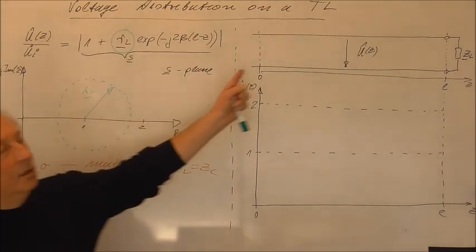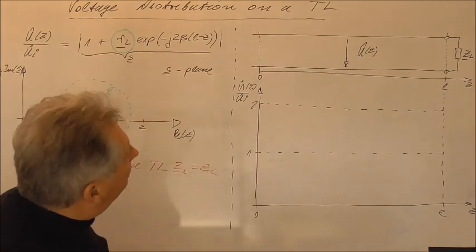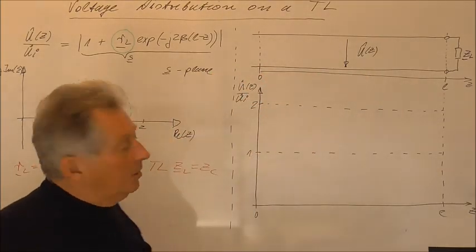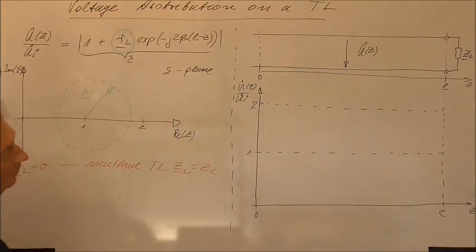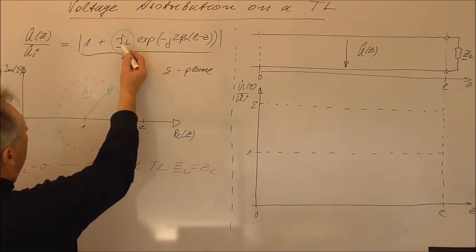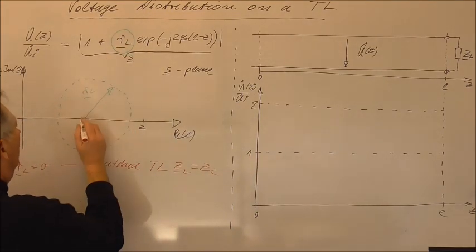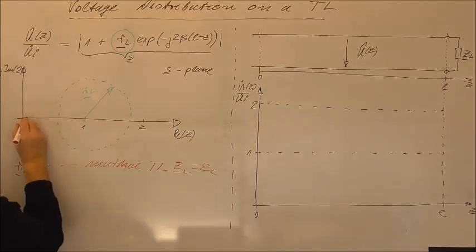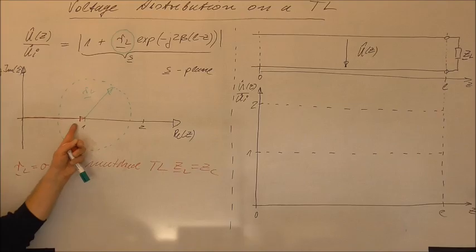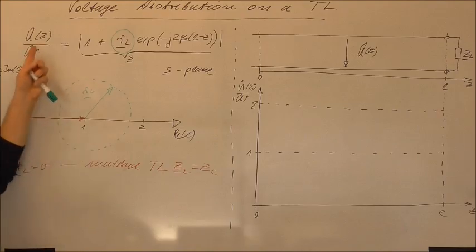That means we will have no reflection, and as we have no reflections, there also cannot exist any interference. So we essentially have all over the transmission line the ratio equal to 1, U of z equal to UE.